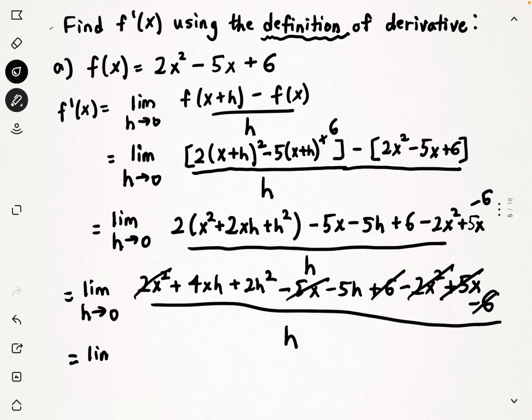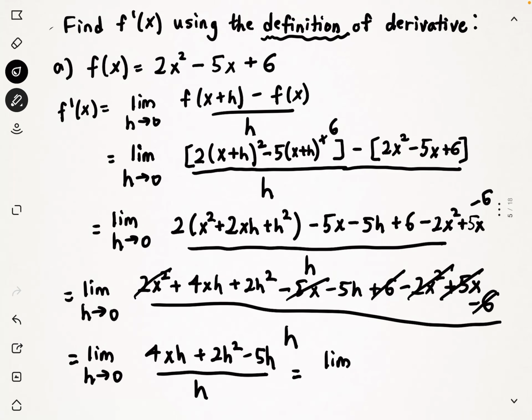So this is going to work out to be the limit as h approaches 0 of 4xh plus 2h squared minus 5h over h. So it gets messier and then usually gets simpler. In this case, we still can't plug in 0 for h, but what we can do is factor an h out of the top.